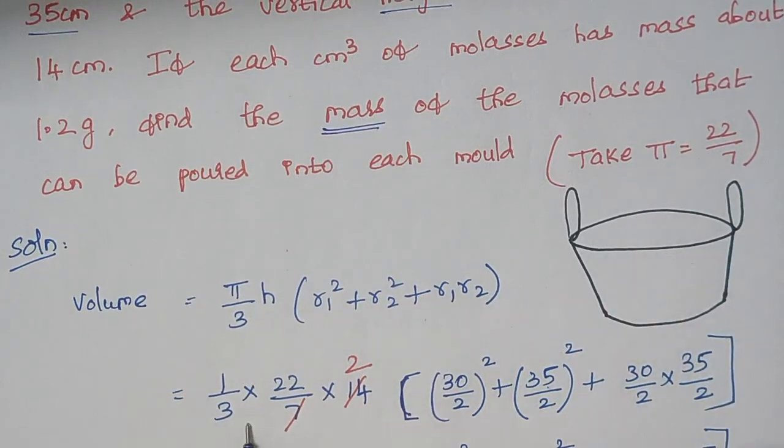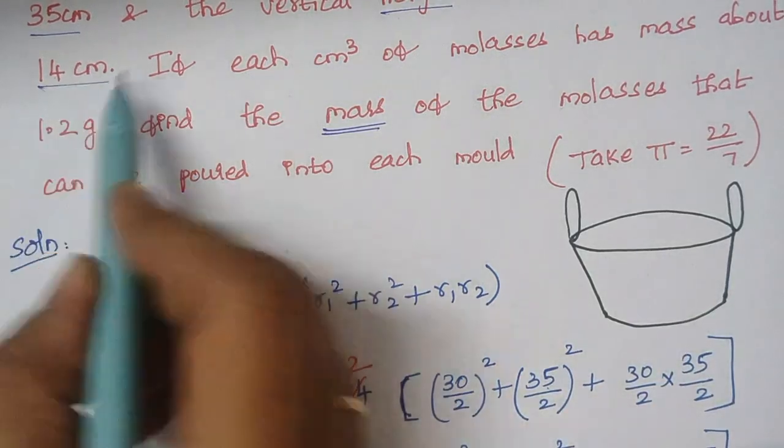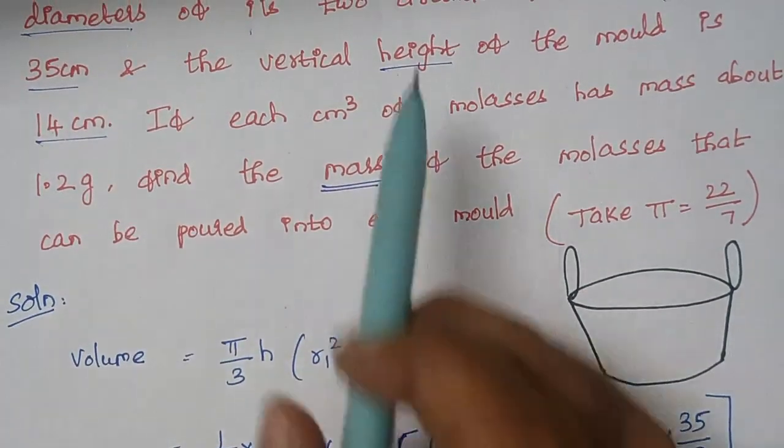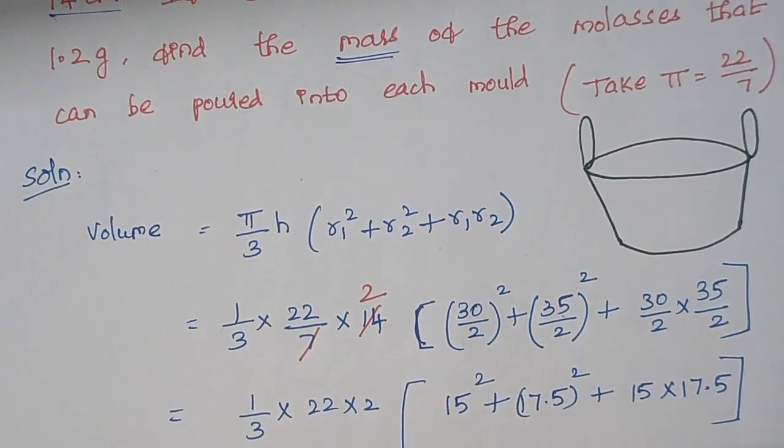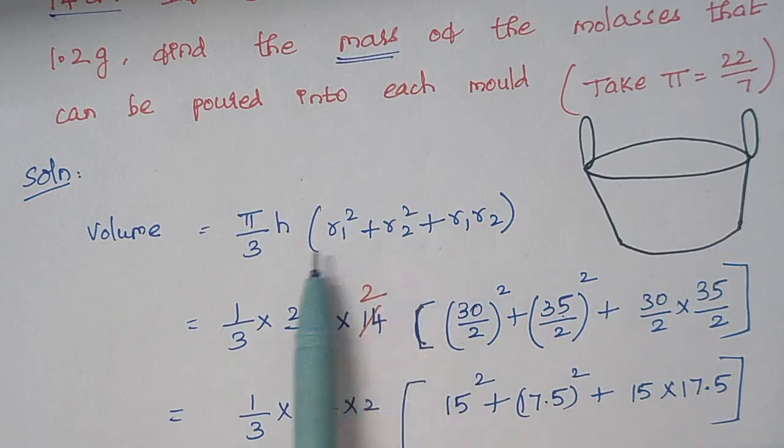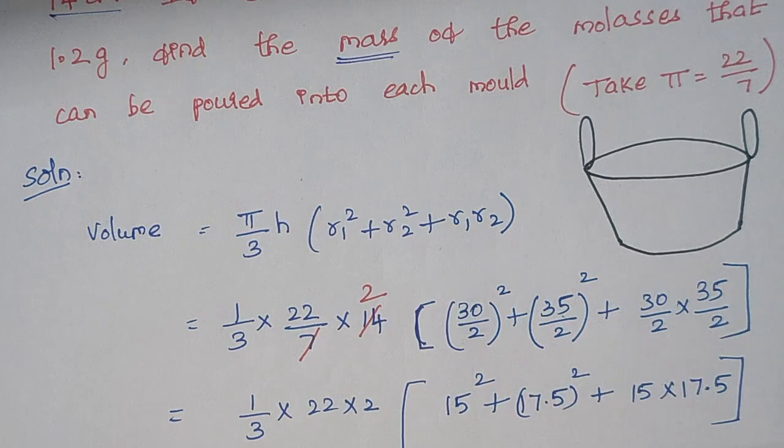So 1 by 3 into 22 by 7 into the height h is given as, you see here it is clearly mentioned as height is 14 centimeter. So just substitute the values, and the value of the R1, R2, it may be of anything. Okay, you can take anything as R1 and other one as R2, because it is simply addition and multiplication. It doesn't make any difference.